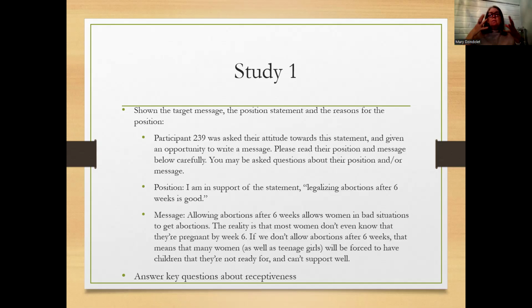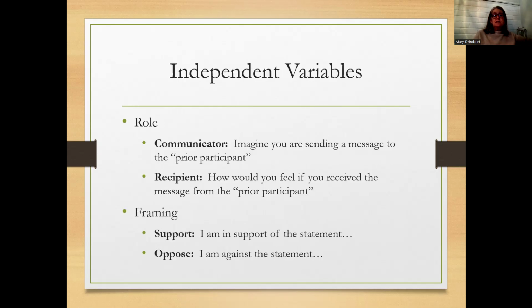Okay, this is what I'm trying to give you, a very concrete idea of what the subjects would read. After they read this, they would answer some key questions about how receptive they are to this message. Also, half the people were told that they were going to play the role of the communicator.